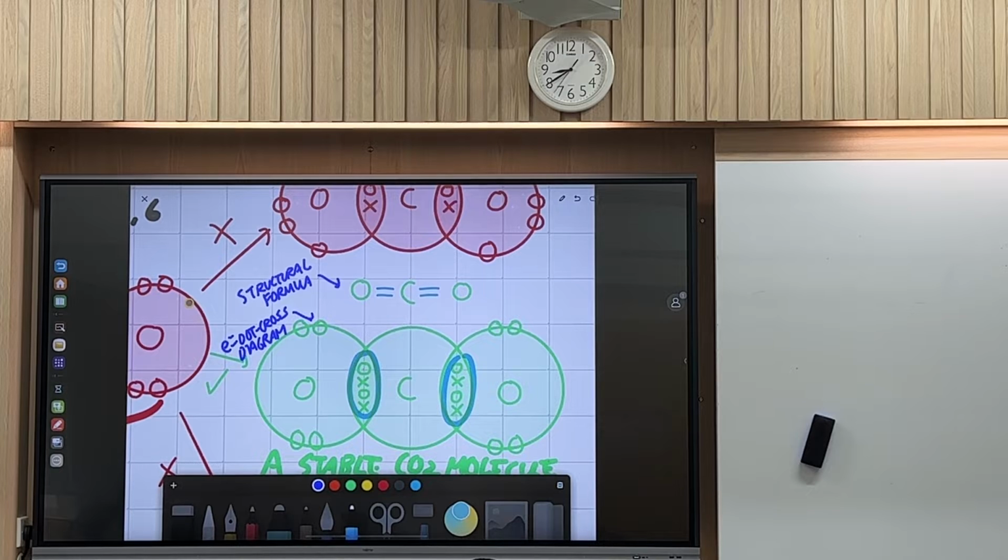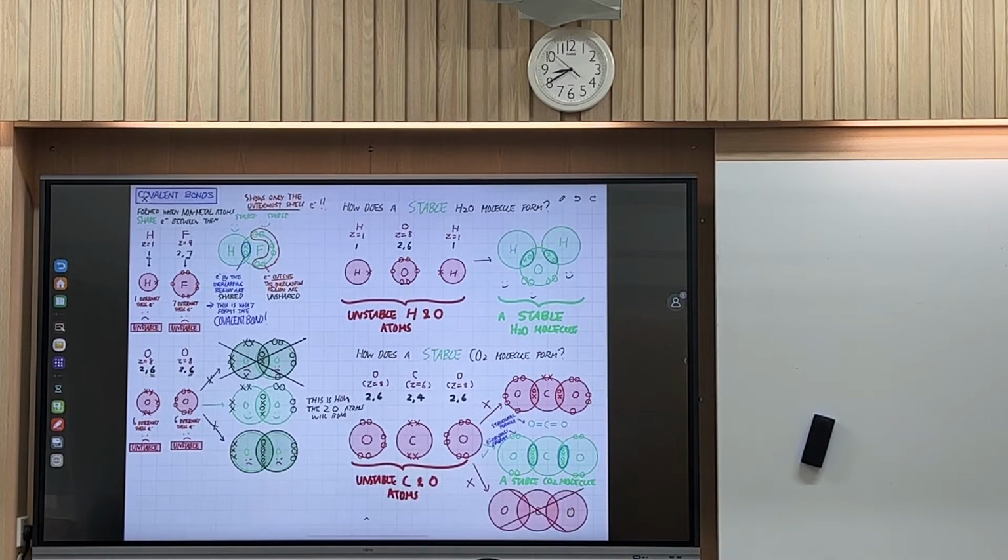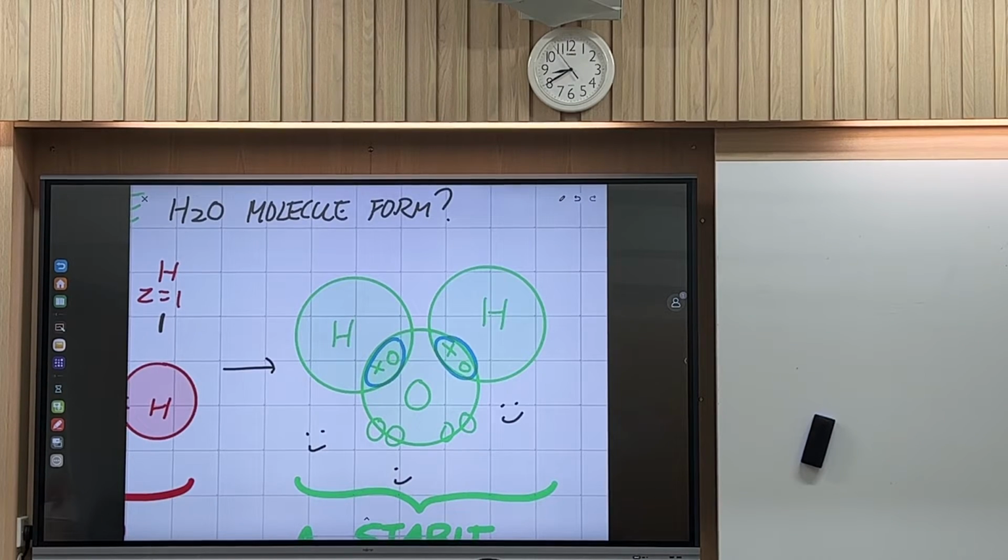If they say electron dot cross diagram, they expect you to draw this. But once you have the electron dot cross diagram, you can convert it or translate it into a structural formula like this. It's as simple as counting how many pairs of electrons. So put down a note, and maybe all of you can work on this together now. Convert this into a structural formula.